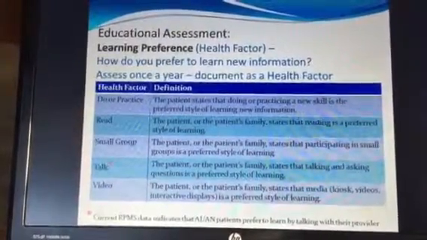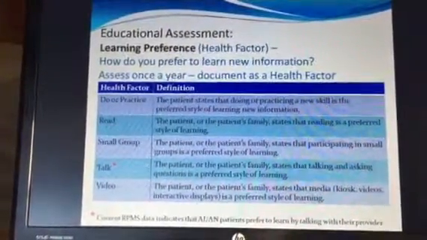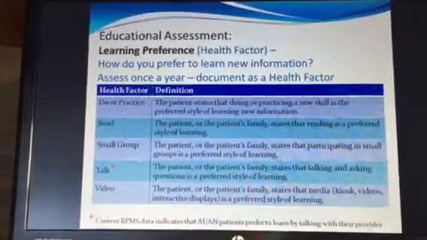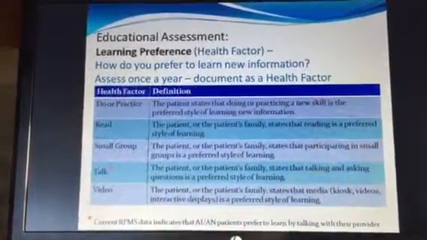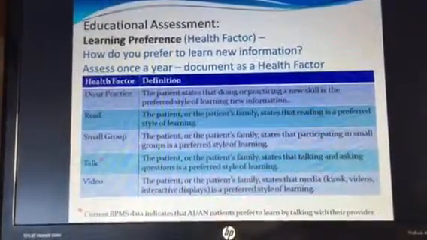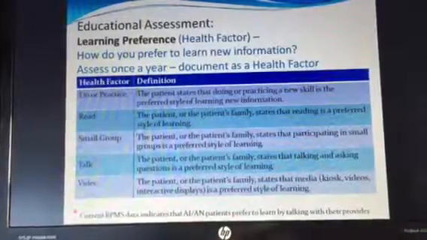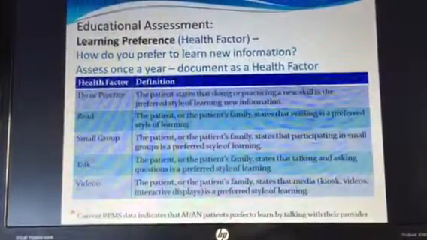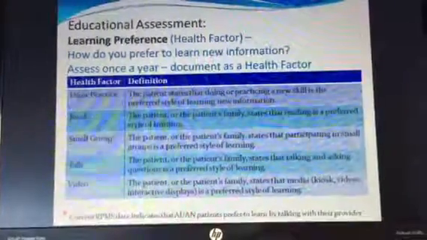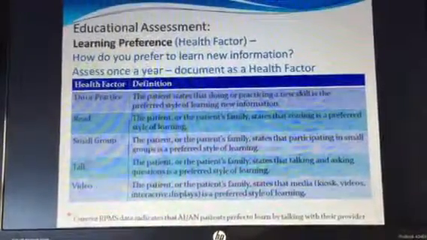In some services, they have what you call group learning, educational assessments. So some of us will read, some of us will be in small groups, some of us will talk to the patient or family, and some of us will show videos.